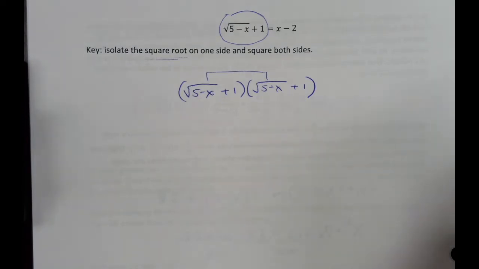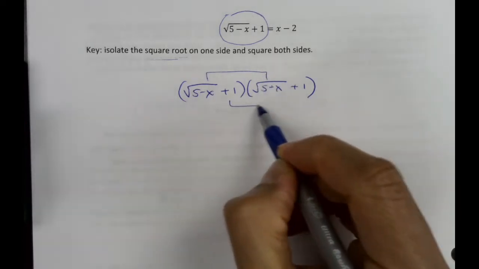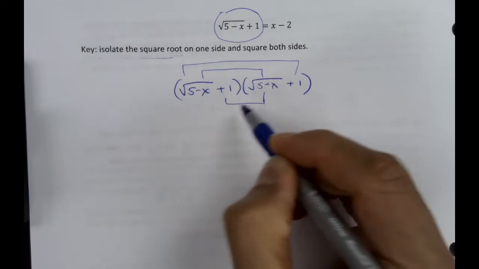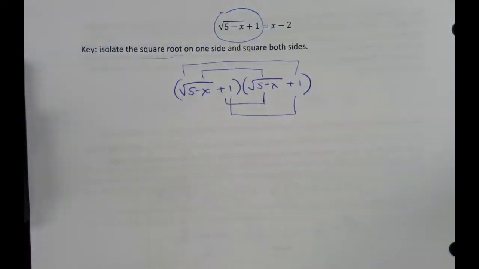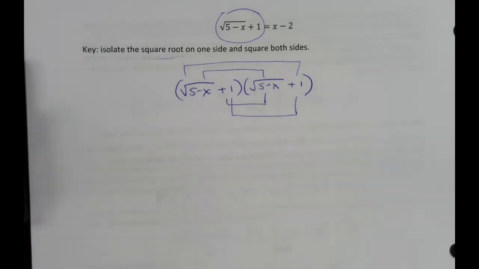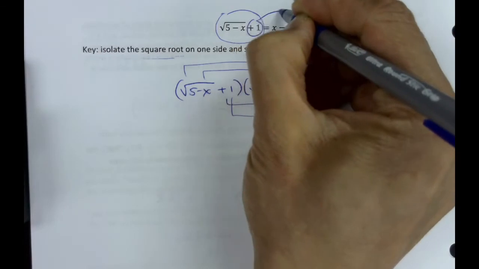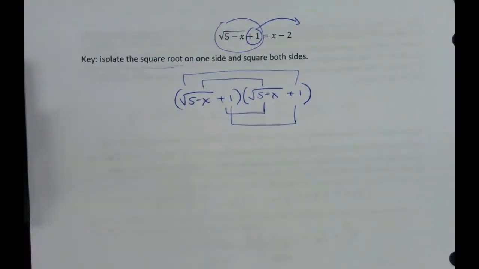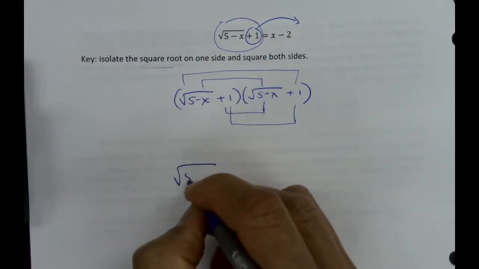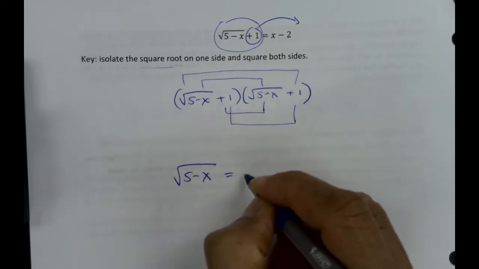I don't want to work with that square root, so I want to transform it out of here. The problem is I've got this, and so I end up having square roots. Again, I didn't get rid of it. So instead, if I subtract 1 from both sides, now I have just the square root.